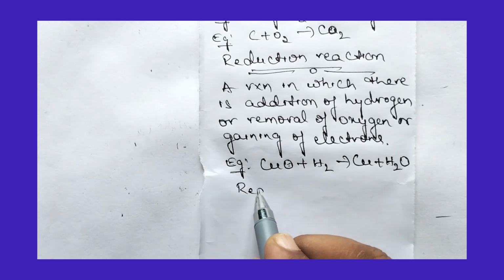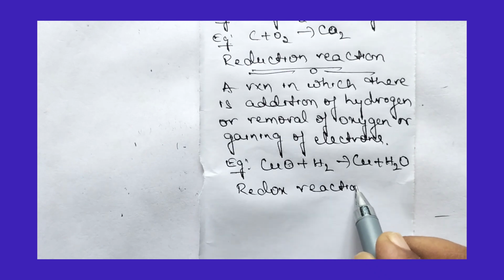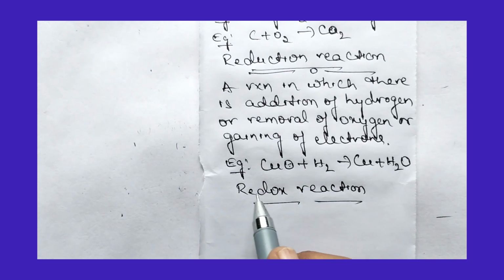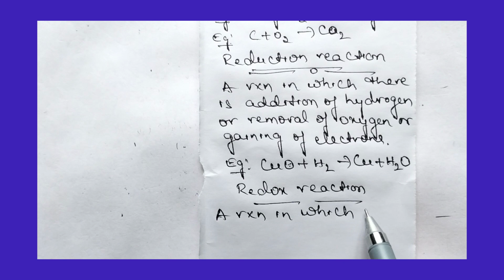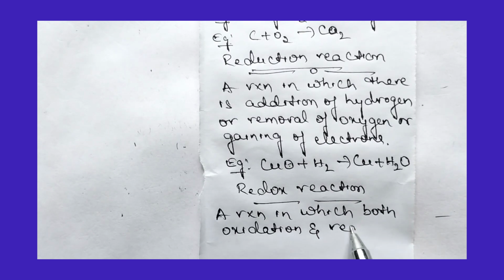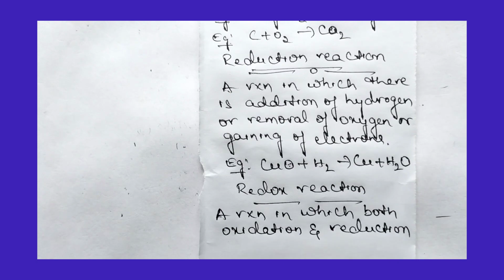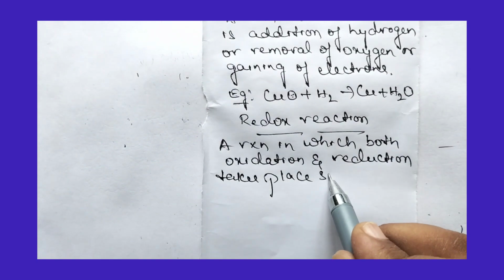Now let us move to the next type of reaction, that is redox reaction. Now let us call it redox reaction. Red means reduction, ox means oxidation. So both reduction and oxidation are there. A reaction in which both oxidation and reduction take place simultaneously.